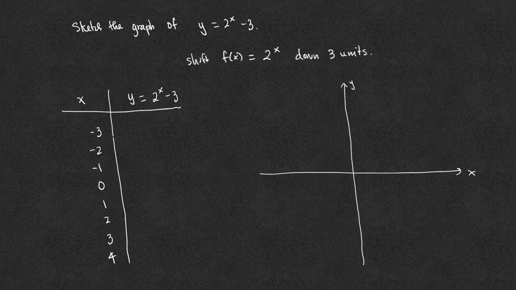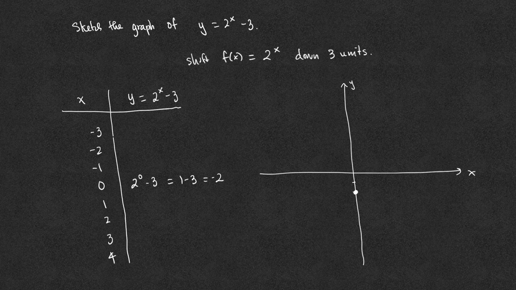When we plug in 0, 2 to the 0 power minus 3 is 1 minus 3 or negative 2. This gives us an ordered pair. This is 0 comma negative 2. So we would plot x equals 0, y equals negative 2.